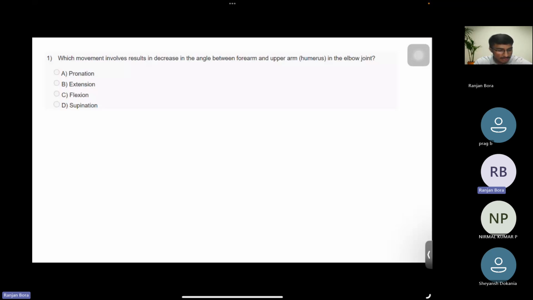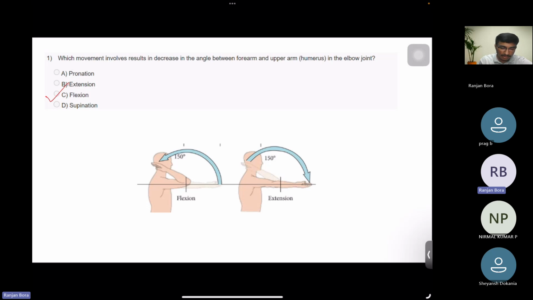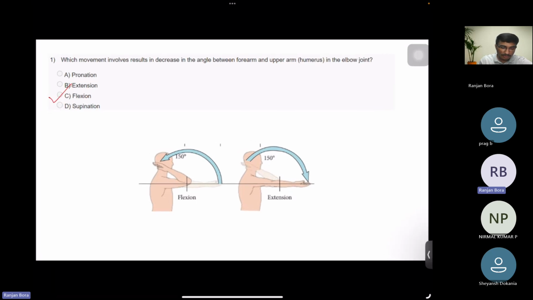So the first question is, which movement results in a decrease in the angle between the forearm and upper arm in the elbow joint? So what is the answer? Yeah, flexion is correct. You can see this is an elbow joint.